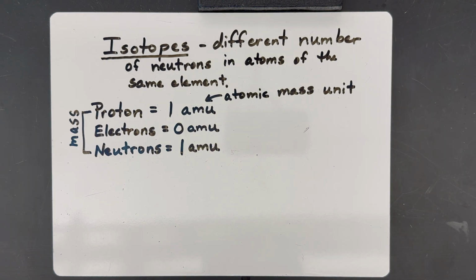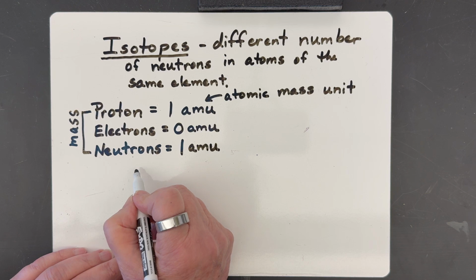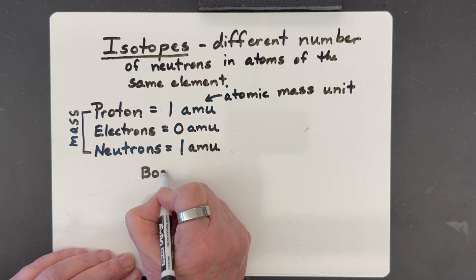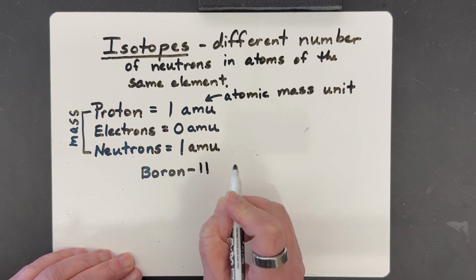So for our boron atom, let's say that our atom has a mass of 11 atomic mass units. We would write that like this: boron-11.